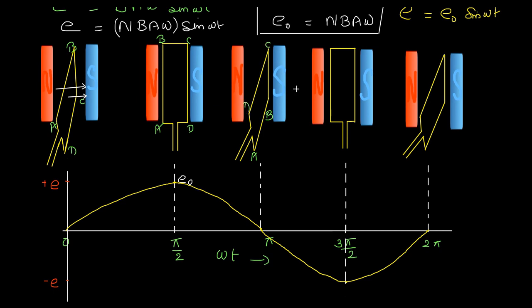It has completed 1/2 of the rotation. So, in the third case, the plane of the coil is perpendicular to the magnetic field, or the area vector is parallel to the magnetic field.